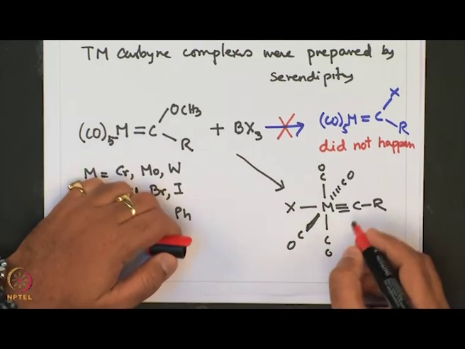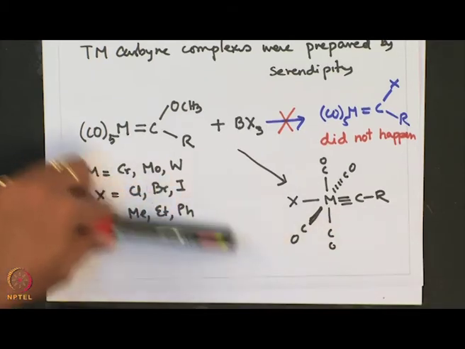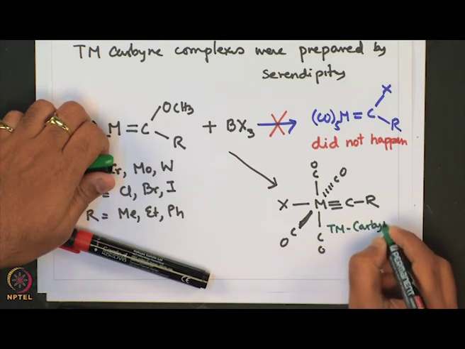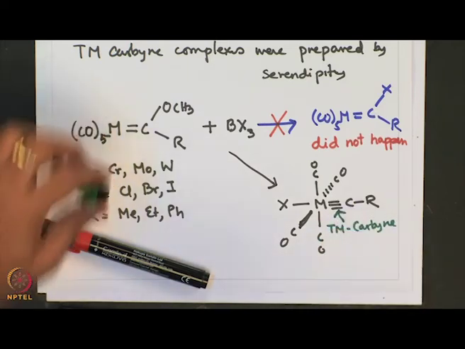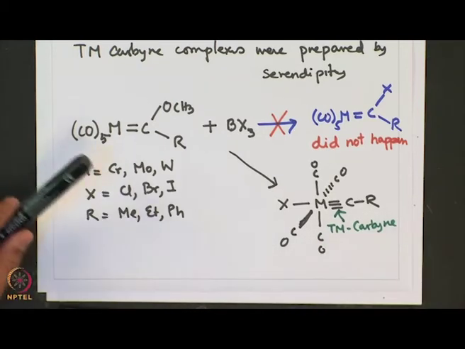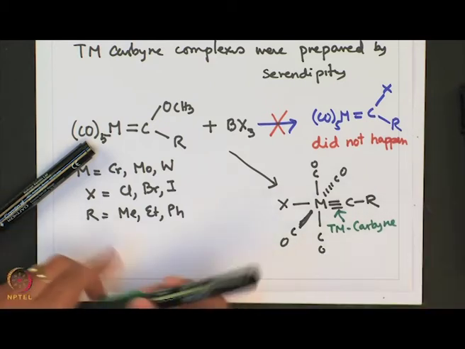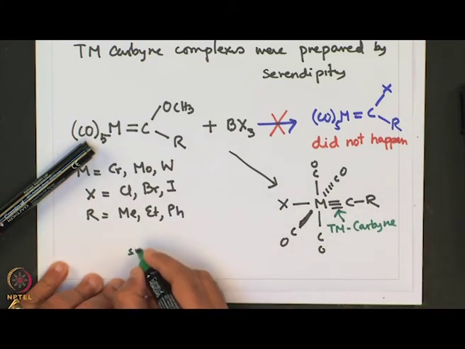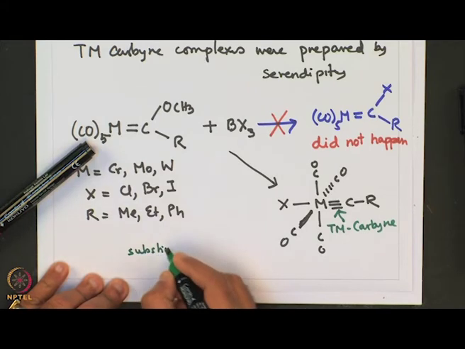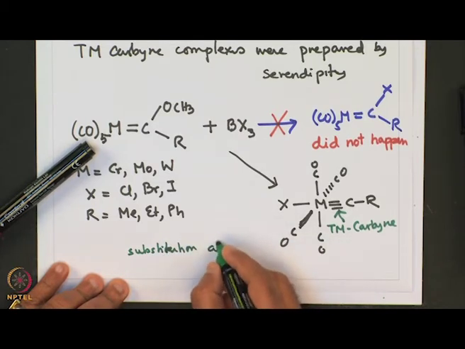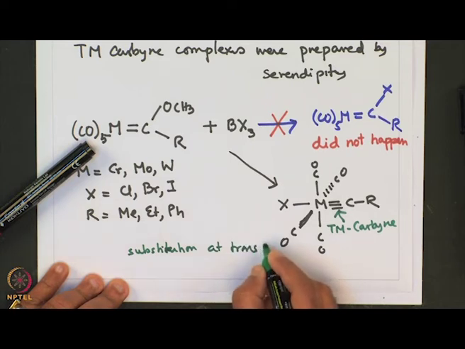This is a transition metal carbyne complex and contains a triple bonded metal carbyne moiety, and what really has transpired is that substitution occurred at the position trans to the carbyne ligand.